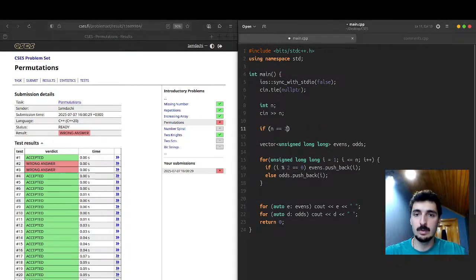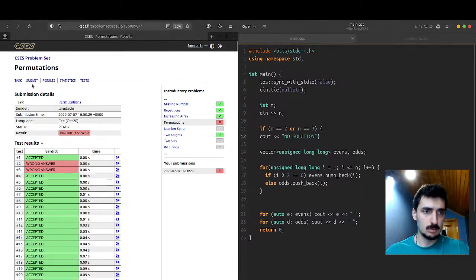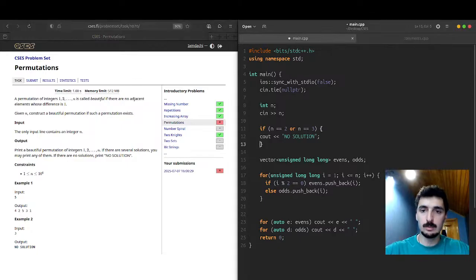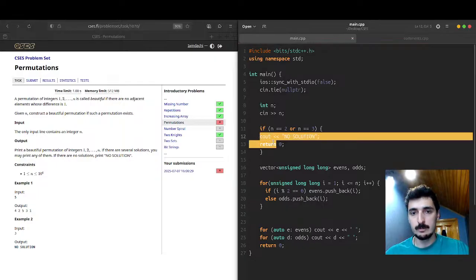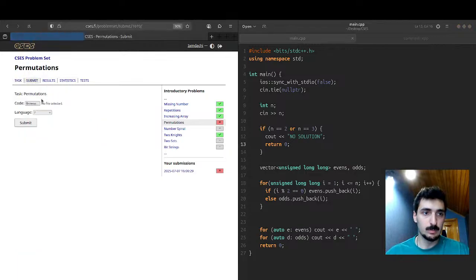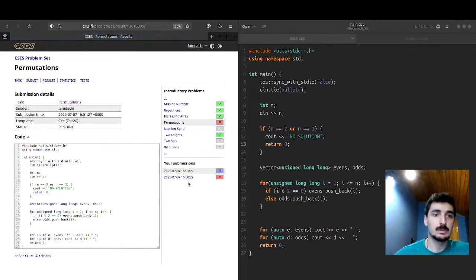If n is equal to 2 or n is equal to 3, we should cout no solution, and we should just return 0. This should suffice. This should fix the two problems over here.